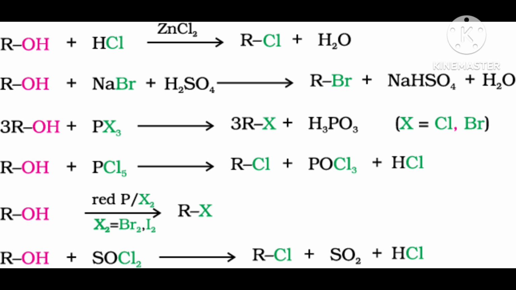Cl will add there, C and Cl will make a bond, and the H that is removed, having one radical, will react with the free chlorine radical, again forming HCl. So two possibilities are there: it can join at carbon 1 and also at carbon 2. Hence you will get a mixture of both.